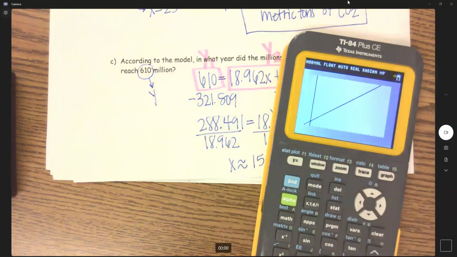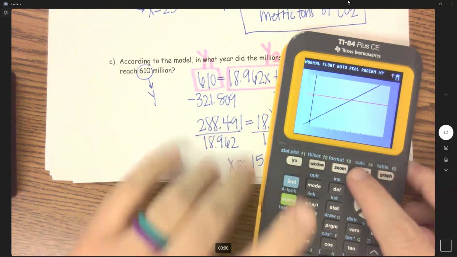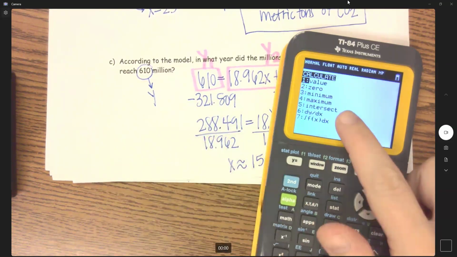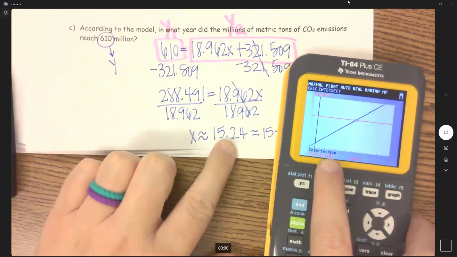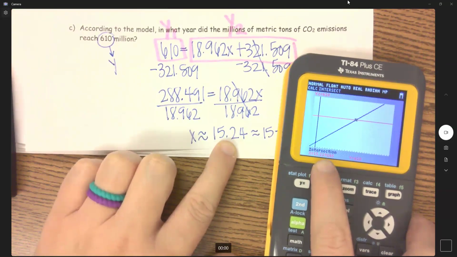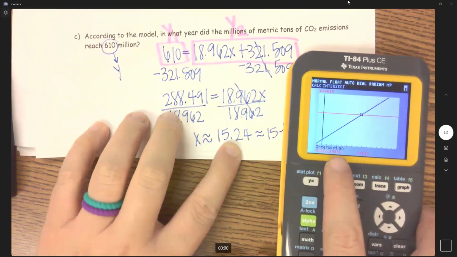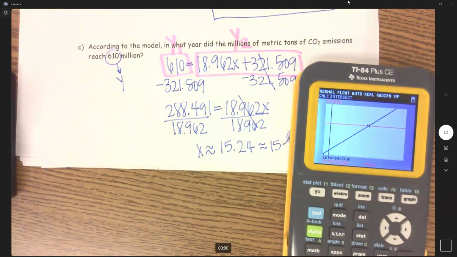Okay, and let's graph. We got an intersection right there in the middle, so perfect. So we're going to go to calc, second trace, go down to number 5 or hit 5, hit enter 3 times. And there is my intersection point. So use either of those methods, you get the same answer no matter what.